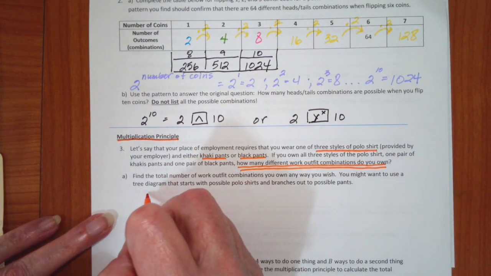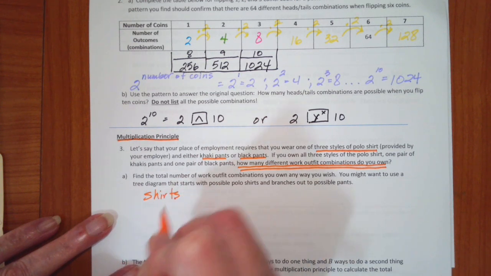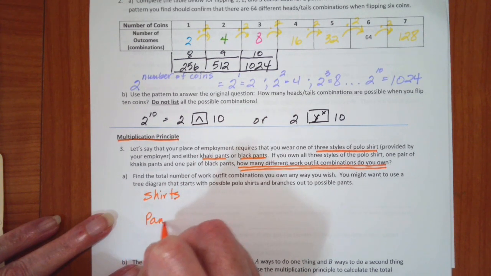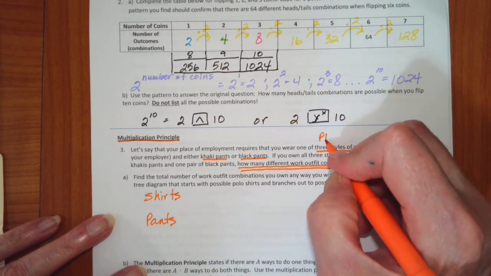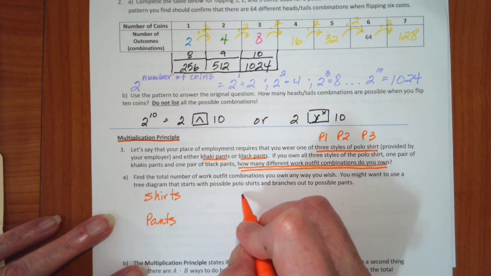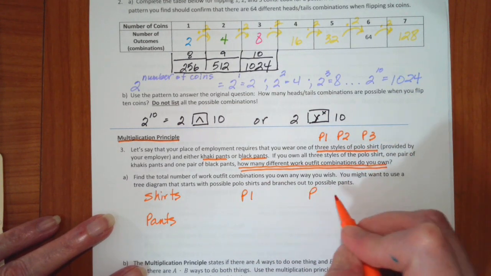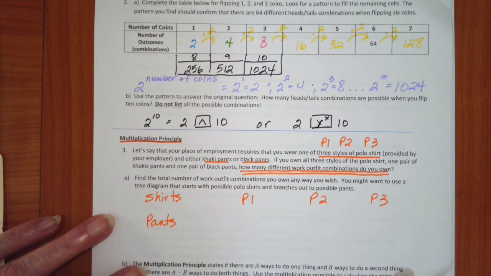And so let's look at this in terms of shirts and pants. Well, I'm going to call the polo shirts Polo 1, Polo 2, and Polo 3. So I can start out by choosing any of those 3 shirts.